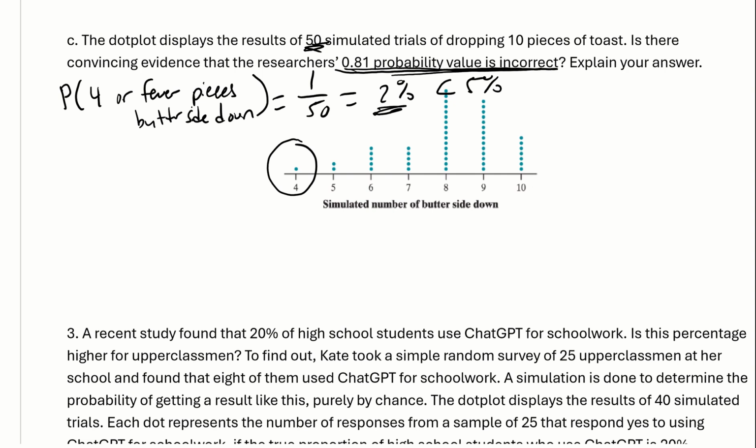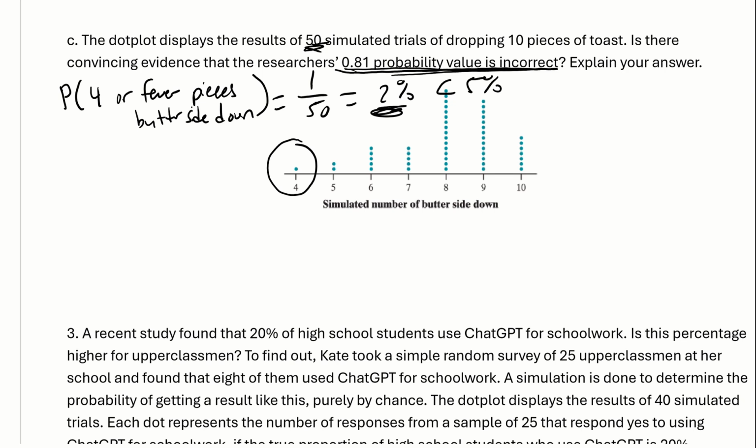And the chances of that happening are 2% if the researcher's 0.81 probability value is supposed to be correct. And that is so unlikely to occur that we have to reject the researcher's claim. Okay, so hopefully that made sense. It's very unlikely to occur by chance, but it did occur. It happens to Maria, and therefore we can reject the researcher's claim.